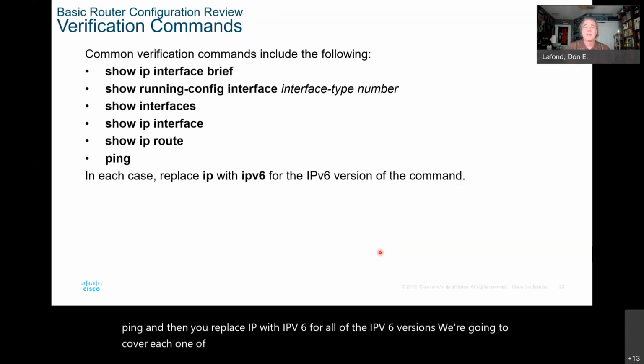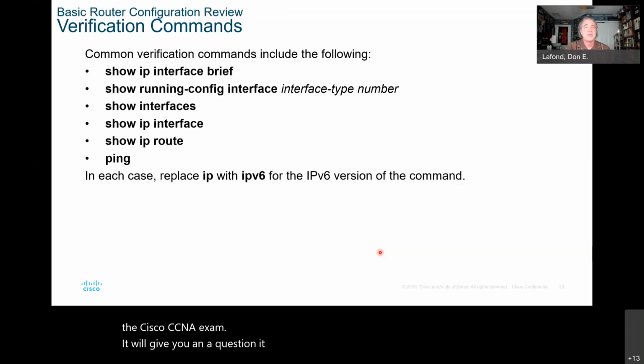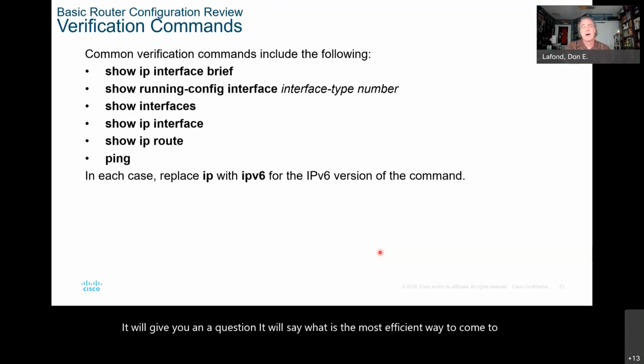I just want to say here at the beginning that the CCNA exam will give you a question that says what is the most efficient way to view information about something, and it will give you 4 of these 6 things.